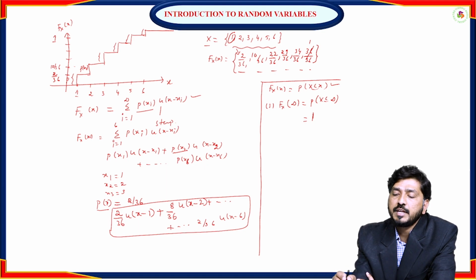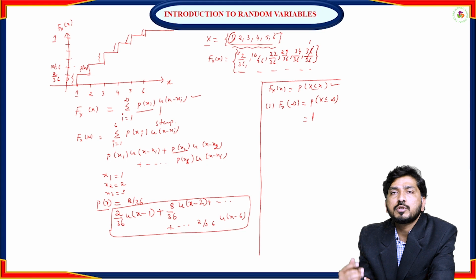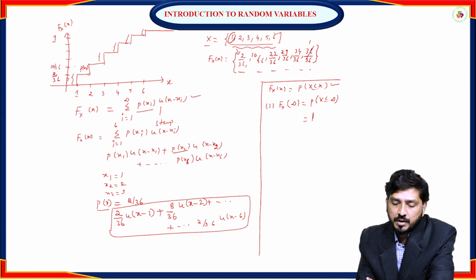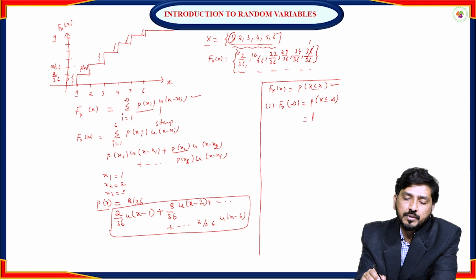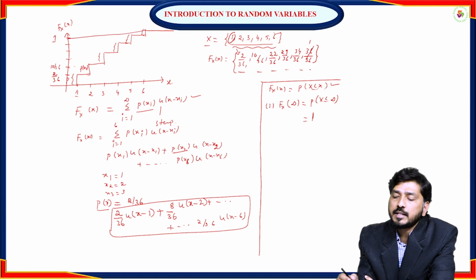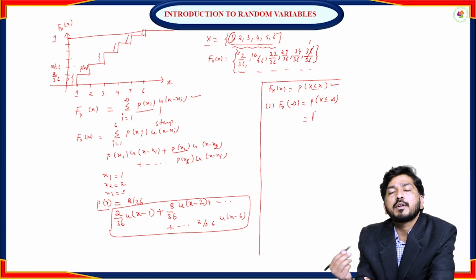As we have seen here, the final element is 6, and the distribution up to the final element is equal to 1. Similarly, that will be extended for infinity also.